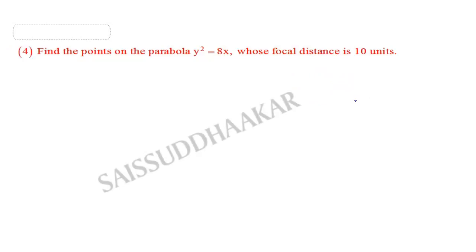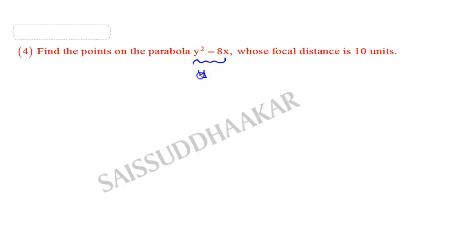Now coming to question number 4. So here the question is: find the points on the parabola y square is equal to 8x whose focal distance is 10 units. This question model we have already done in the first question. So directly here I am writing y square is equal to 8x.